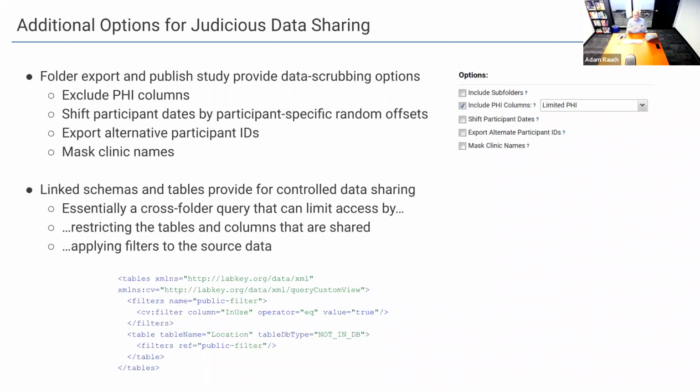They literally publish studies on LabKey for analysis, viewing, and review by the general public. In that process, they needed a way to scrub their participant data of identifiers, of dates that might be considered identifiers, et cetera. So this facility allows for that.